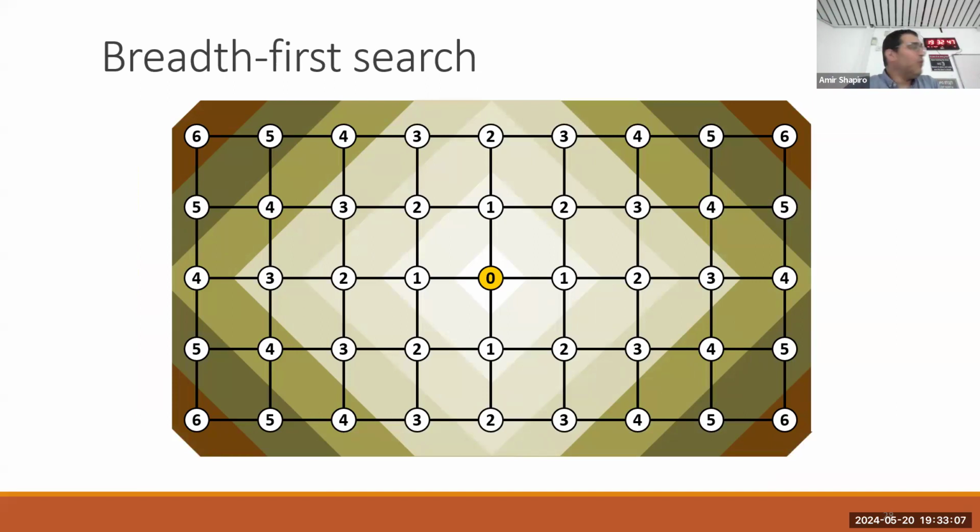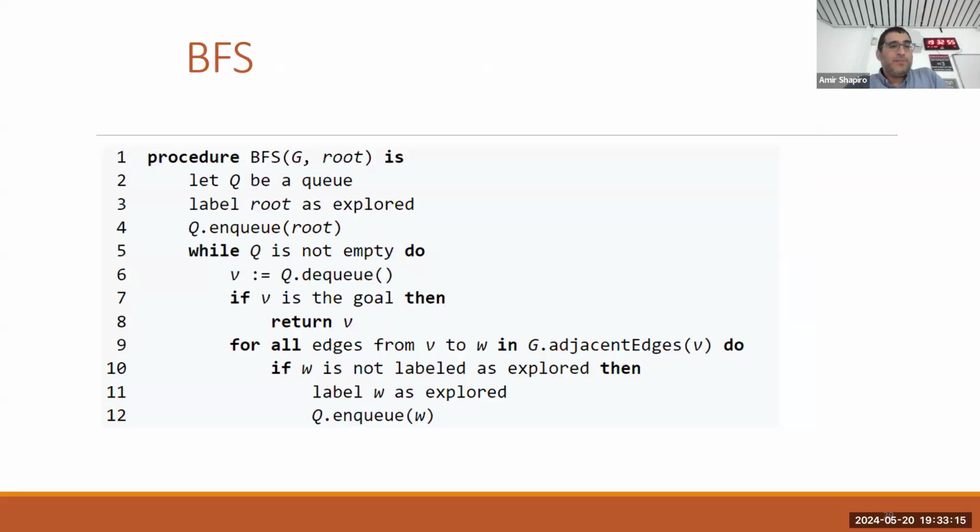So you can see here the order in which we explore the tree, the graph, not the tree. So the procedure is like this. We get the graph, we get the root, which is the beginning or the start node, the start vertex.